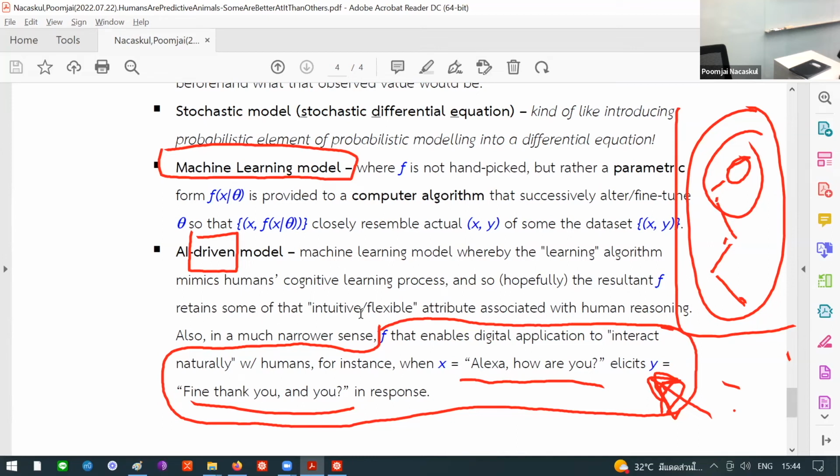In other words, machine learning is like an algorithm that builds F. But if I design the algorithm so that F itself, the way it learns, is very natural, like learning from experience, and not only is it learning from experience, it has certain flexibility, an ability to make guesses. You know, computers are not very good at making guesses. So if you build an F that is as good as if it were a human being, it's called an AI-driven model.